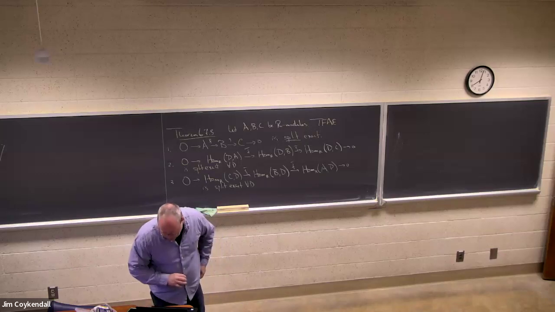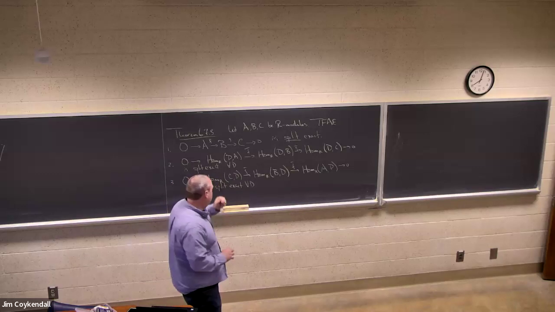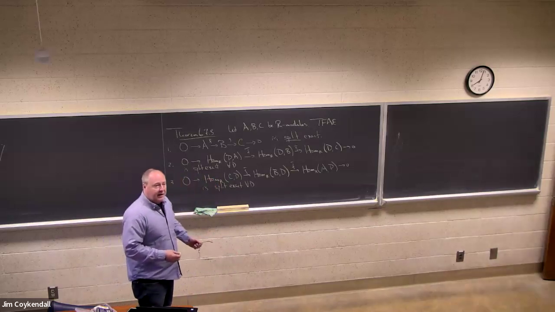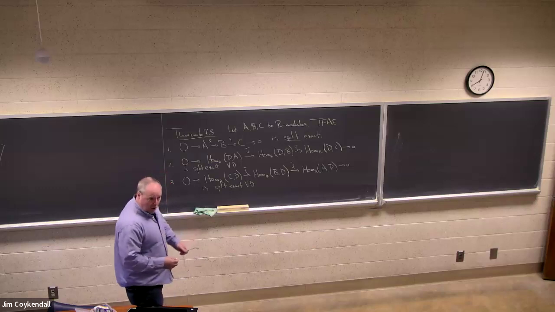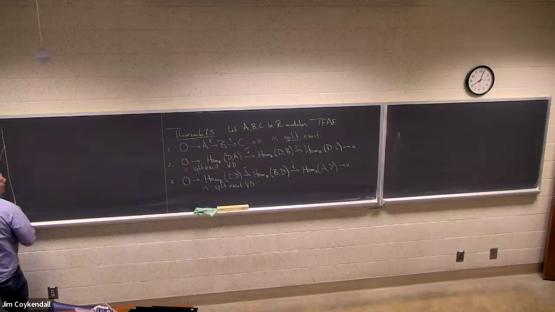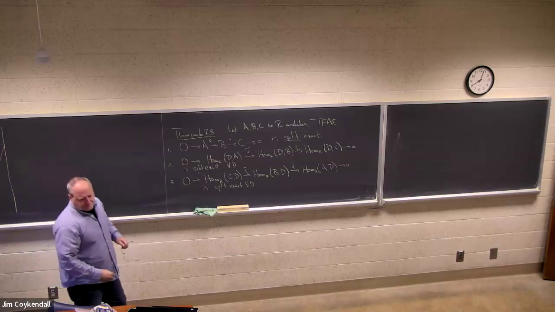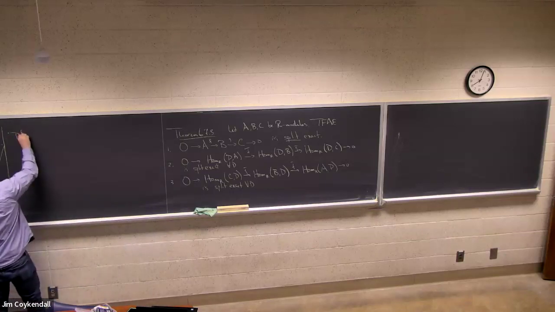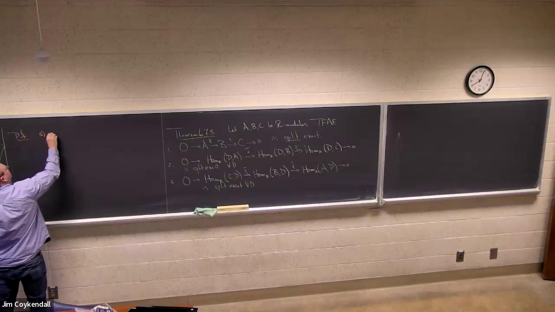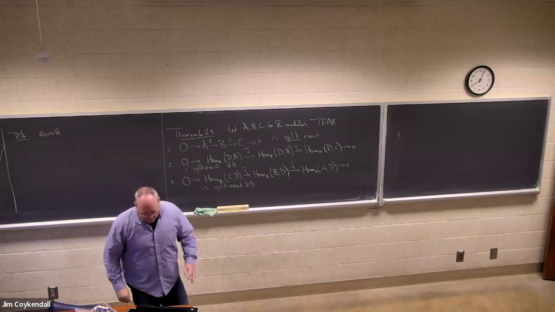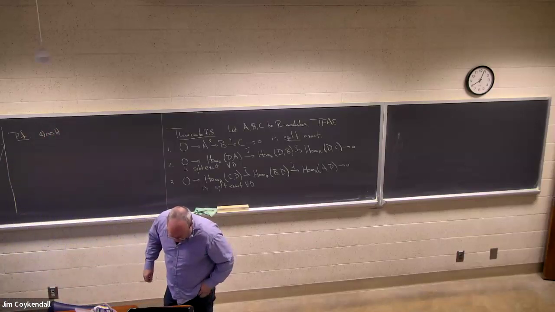So here we're going to show the equivalence of A and B. As opposed to the previous theorem that I did, here I'm going to do the covariant one and leave A is equal to C as an exercise.